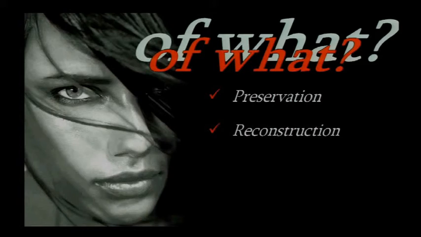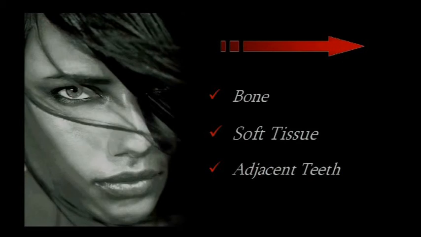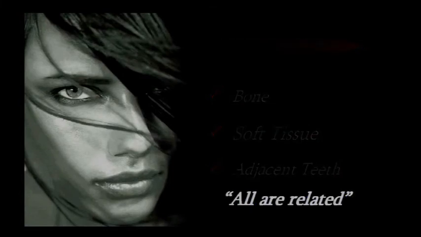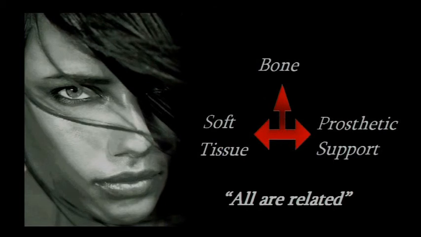Preservation and reconstruction of what? Well, that's easy. That's basically the bone, the soft tissue, and the adjacent teeth. These are the players in the game. And they are all related, and it's all about finding the right balance between bone, soft tissue, and prosthetic support.